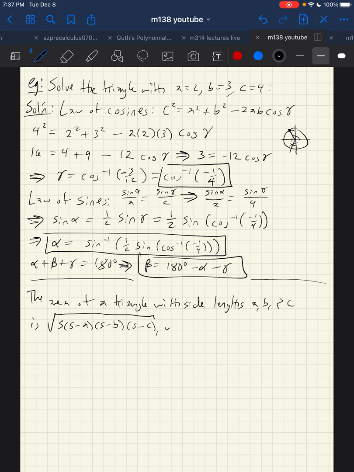I haven't told you what S is, so this is where I say where S equals A plus B plus C over 2, the semiperimeter. And this right here is called Heron's formula, or Hero's formula. I guess I should have introduced that.